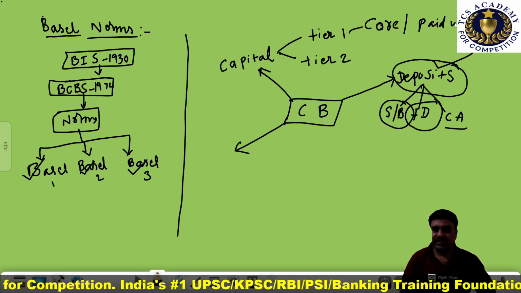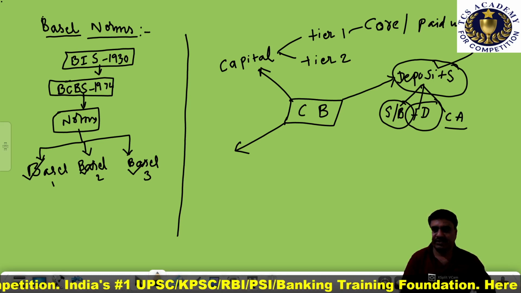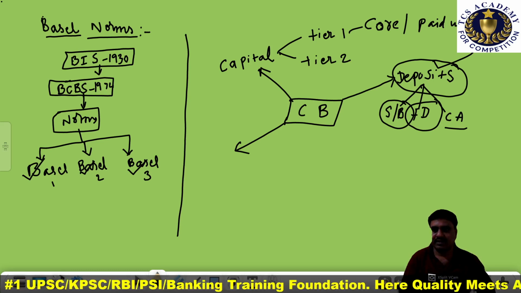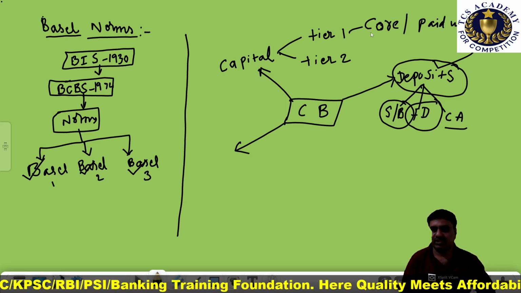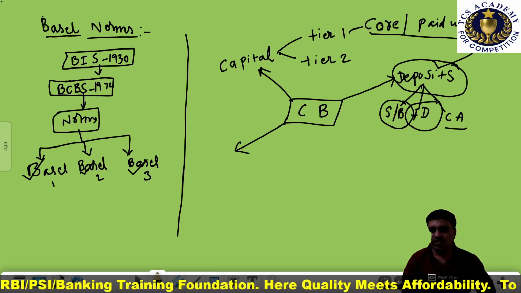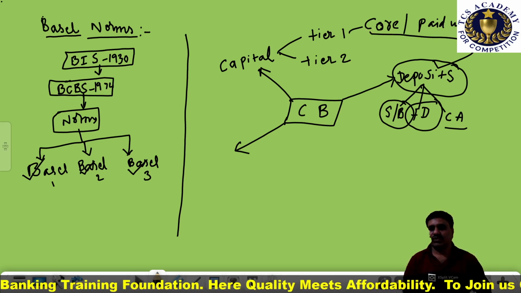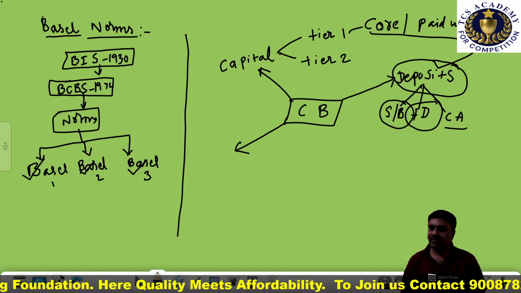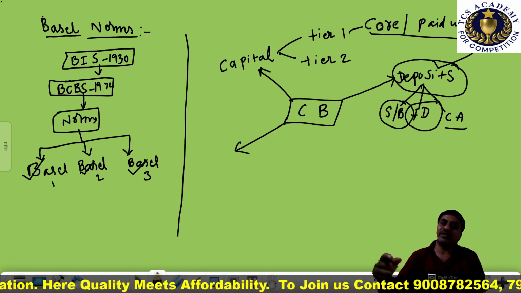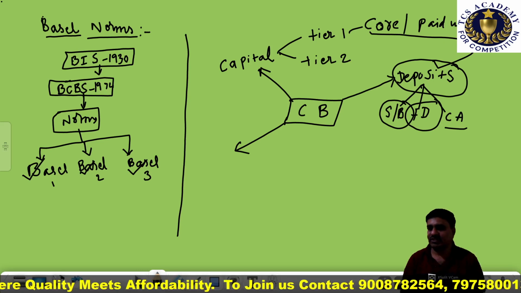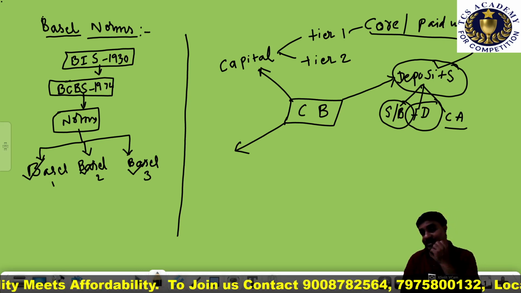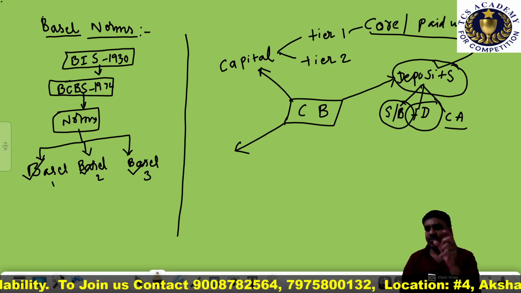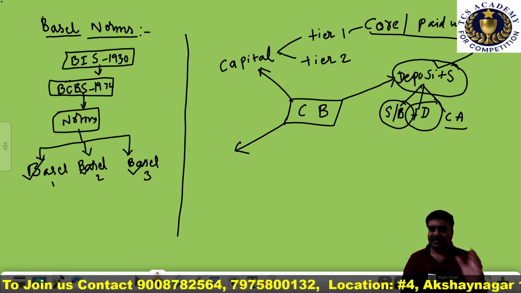It is also known as equity capital, the owner's capital. When a bank is opened, the people who have put their money to establish a bank, that particular capital is known as tier 1 capital, which is more secured money. Clear?